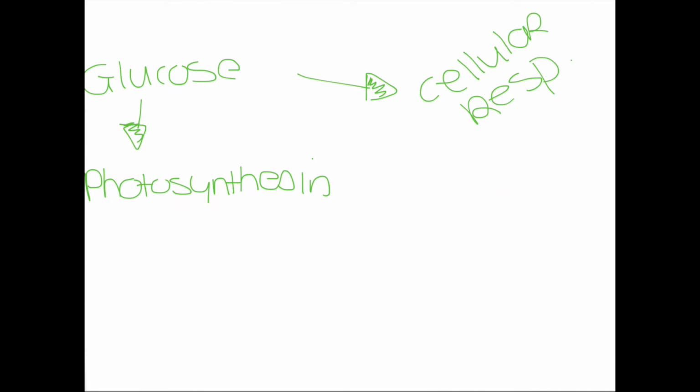So remember, all organisms need to go through cellular respiration. Autotrophs will go through photosynthesis or chemosynthesis in order to make their own source of energy, in this case glucose, but they all need to break it down further, which is cellular respiration.